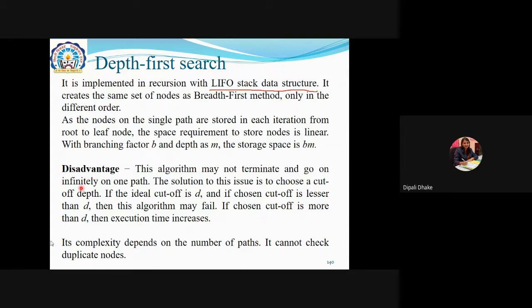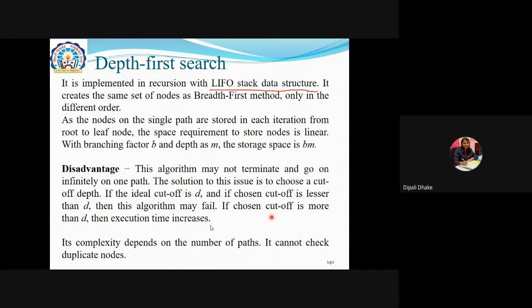Remember this. Ideal cutoff is D. If the chosen cutoff is lesser than D, suppose my ideal cutoff is 4 and I choose 3, then the algorithm may fail. What has happened? Suppose my goal is on the fourth level, it will not reach the fourth level, so it may fail.